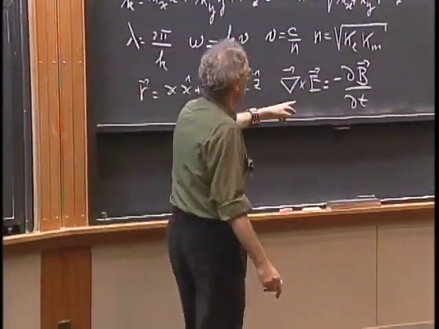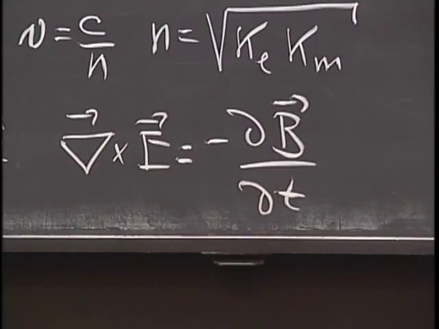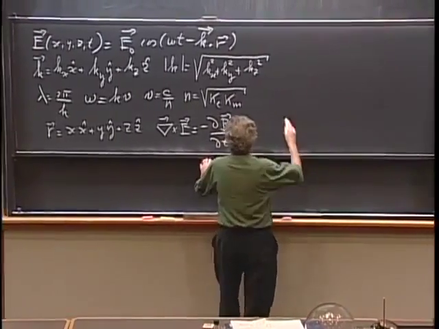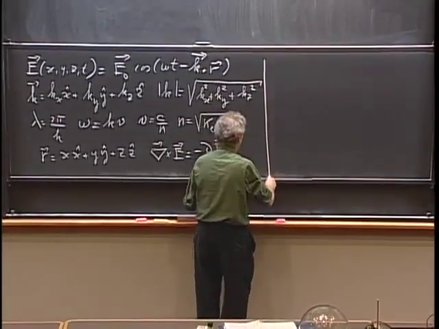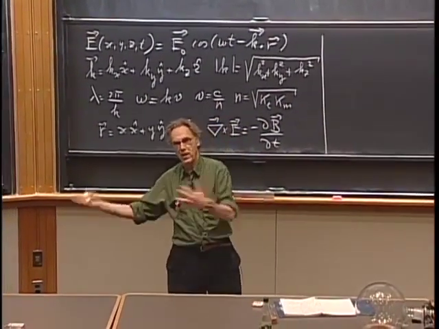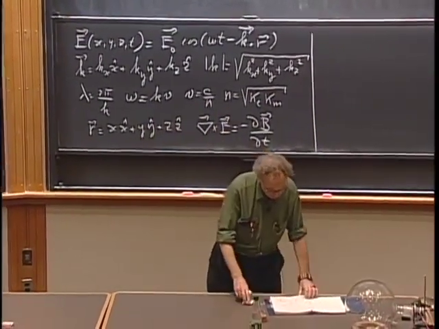And then you have to do an integral in time to get the B vector. And what comes out of this is actually something that I do remember. There is very little in physics that I remember. This is one of the things that I remember so that I don't have to apply every time Maxwell's equations when I solve these problems.